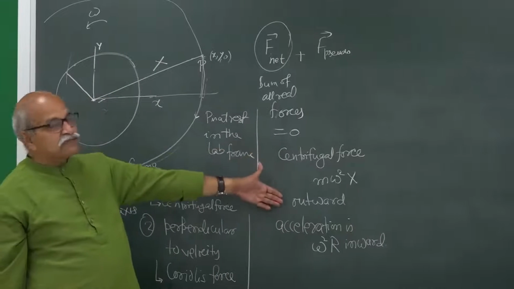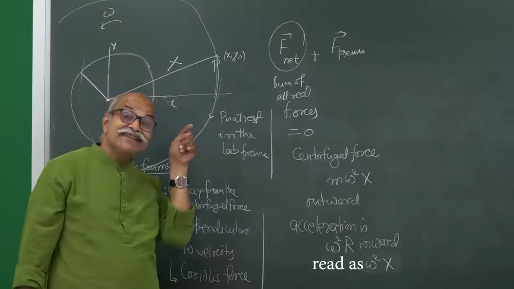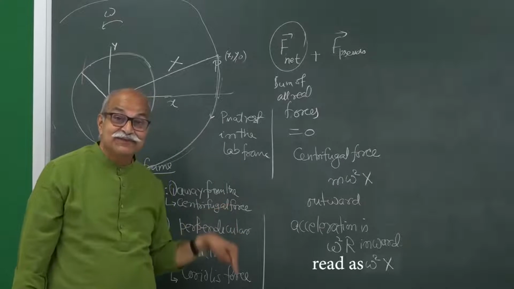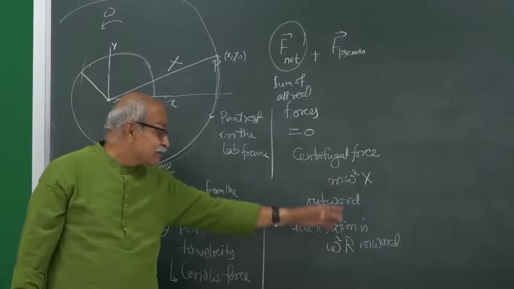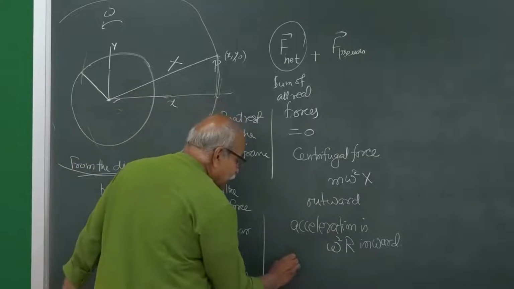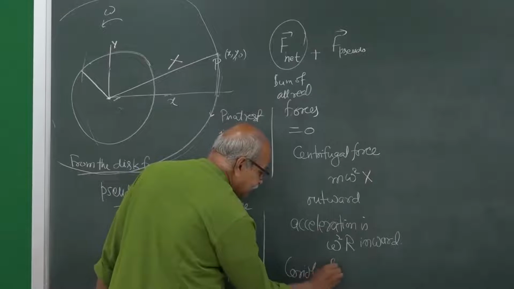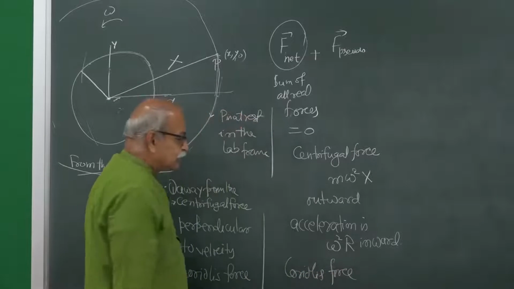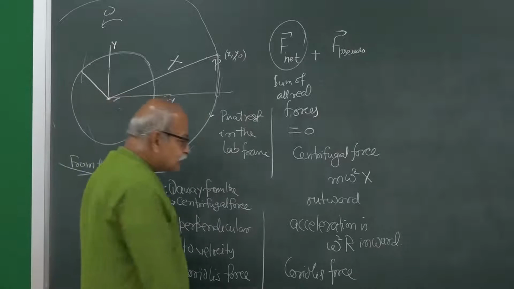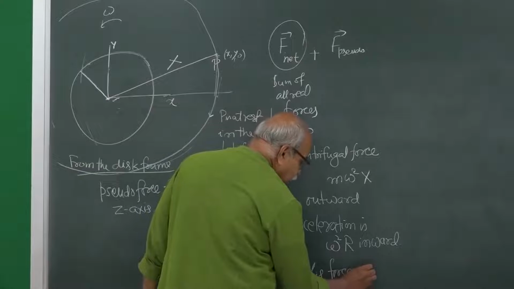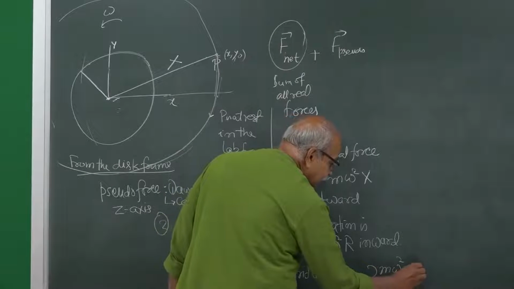So, the centrifugal force is outward, but the acceleration is inward. That means I have yet another pseudo force, and that is inward, and that is more than this and more than this, and that gives me this acceleration. So, I must have Coriolis force, another pseudo force, and this depends on the velocity, and that should be equal to 2 times m omega square x, and that should be inward.